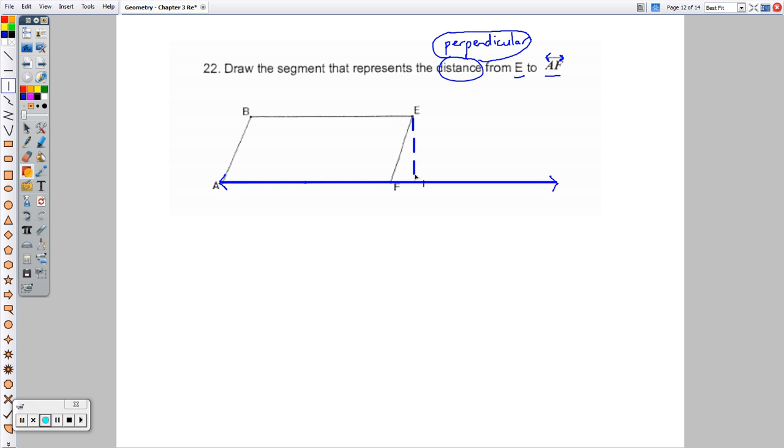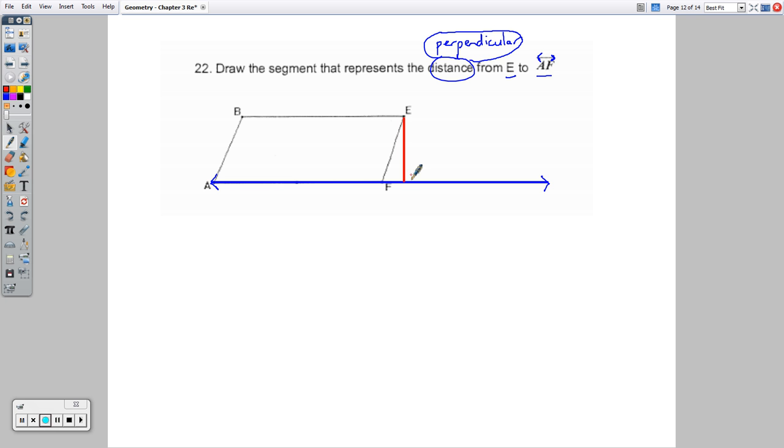So it's going to be that right there. Why don't I do this in a different color? I'll use red. So this red segment represents the distance from E to AF. And we know it's the shortest possible path because it's the perpendicular distance right there.